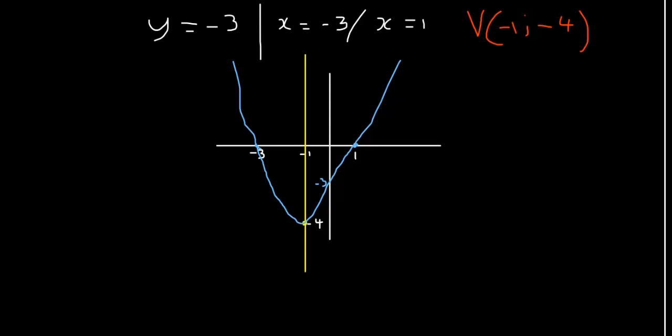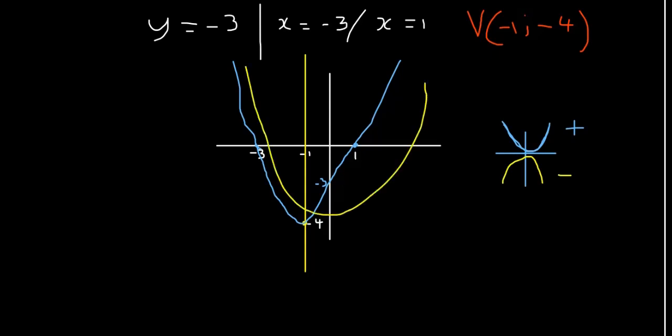Another thing you have to know is that when the graph is smiling like this, it means that the graph is positive. But when the graph is sad like this, it means that the graph will be negative. The fact that the graph is smiling like this in this function means that it is positive. But if it was like this, it would be a negative graph, right?